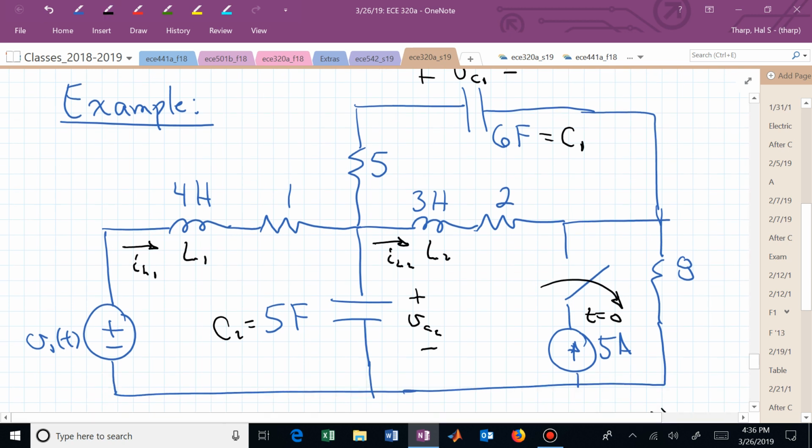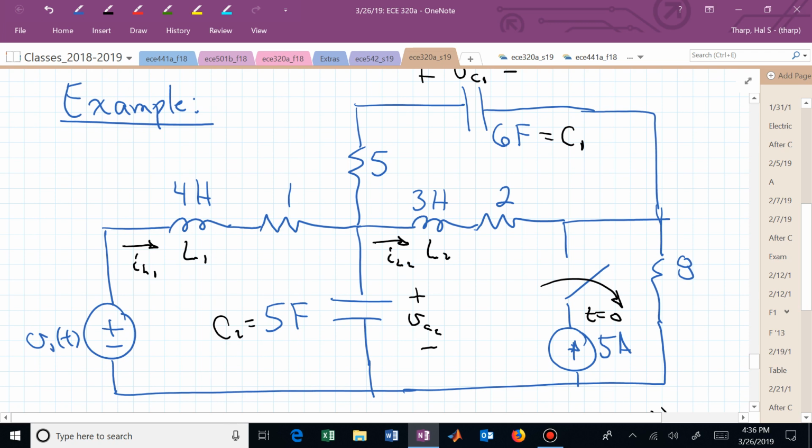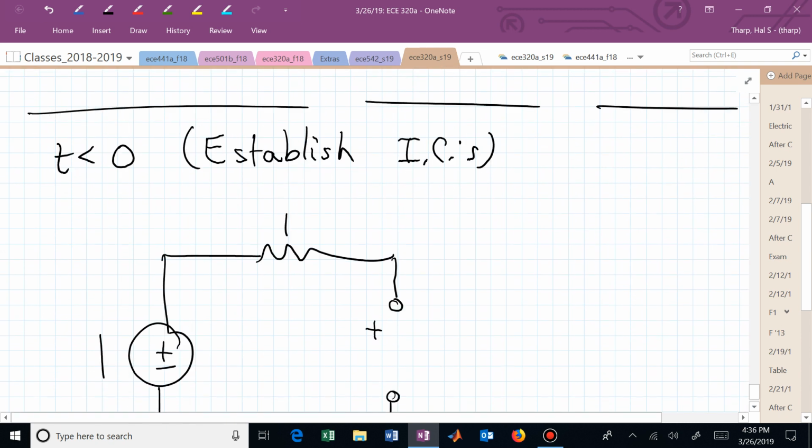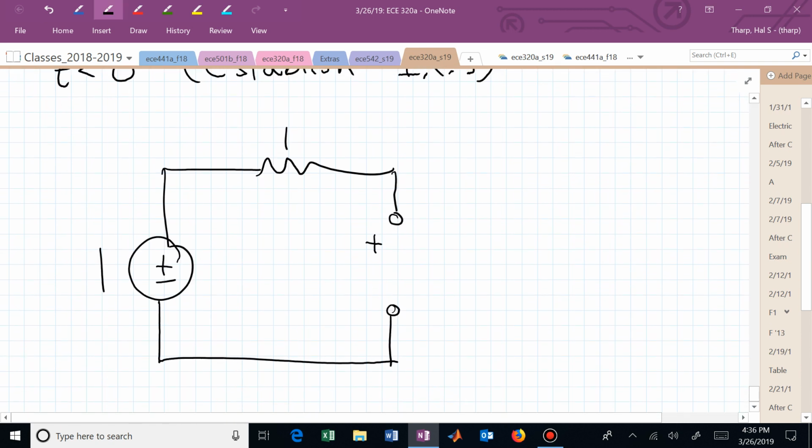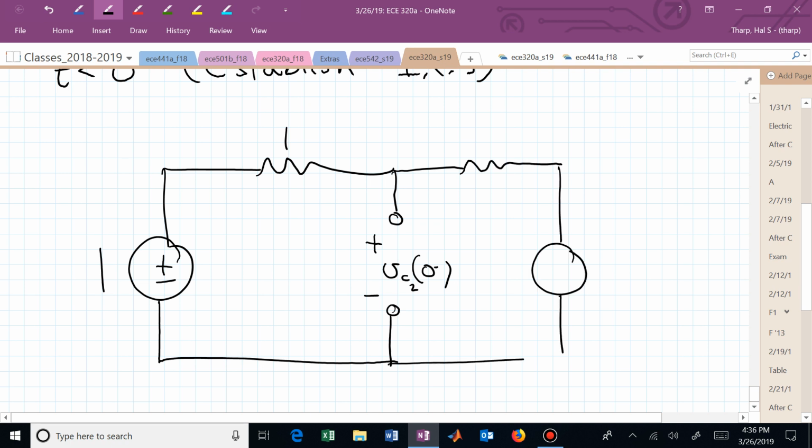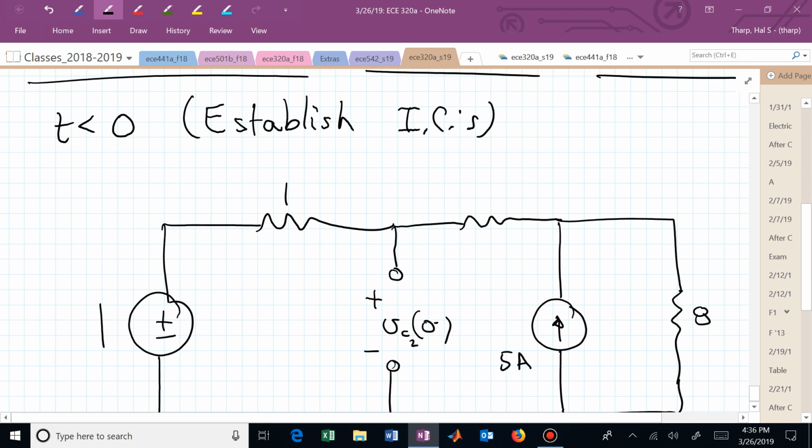Let's now sketch where those are in our circuit for t less than 0. The inductor's short and the capacitor's open. We now have V sub C2 of 0 minus. We have a 2 there. We have our current source here of 5 amps. We have a resistor of 8, and then this was 2.